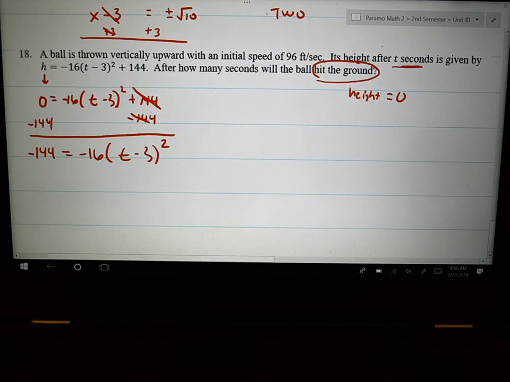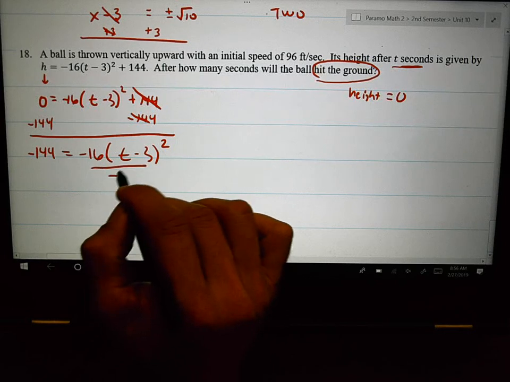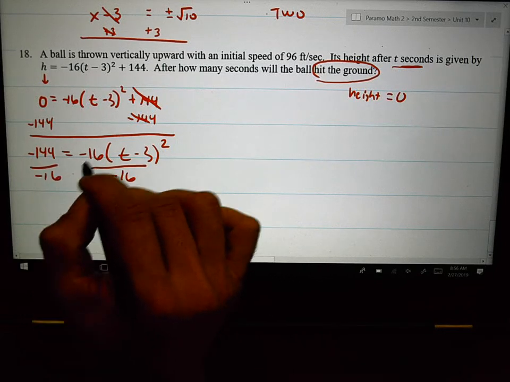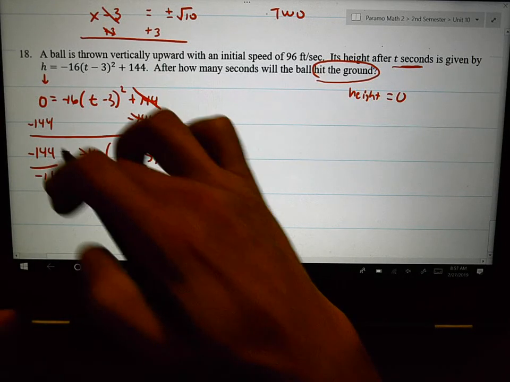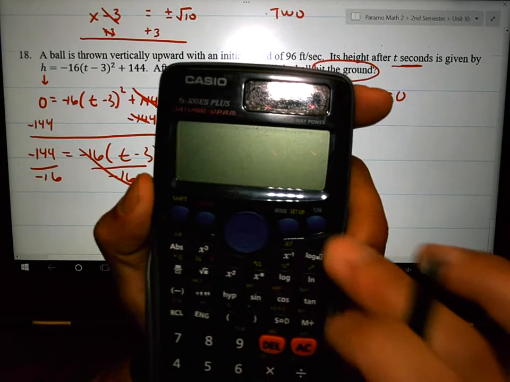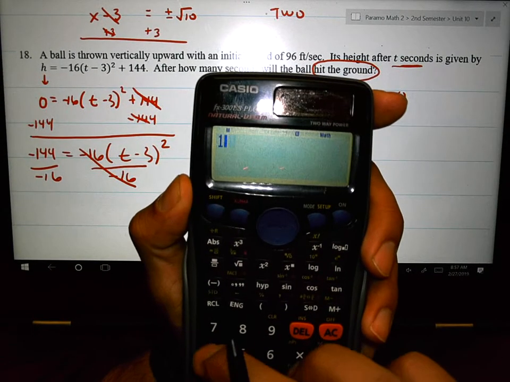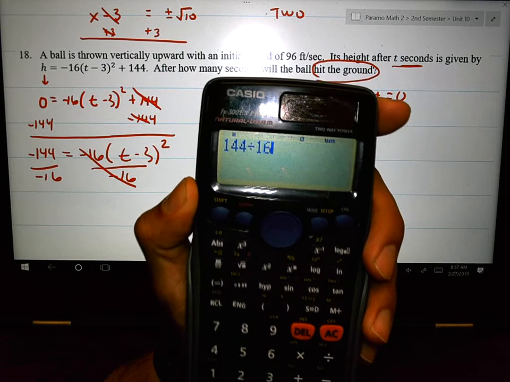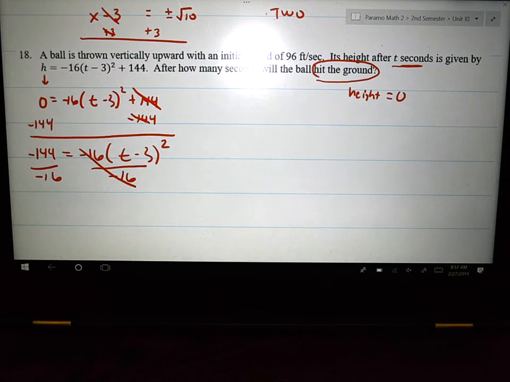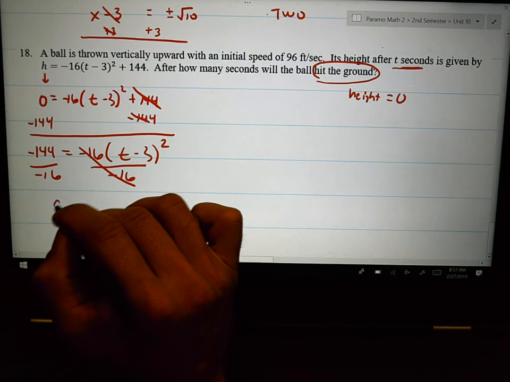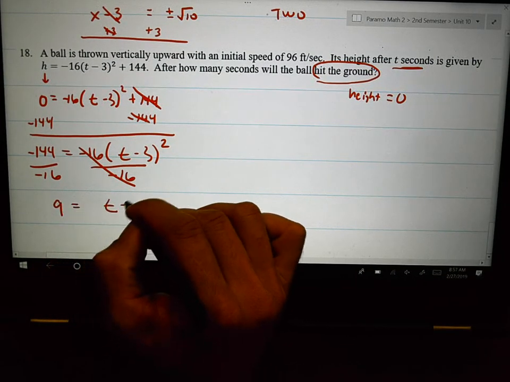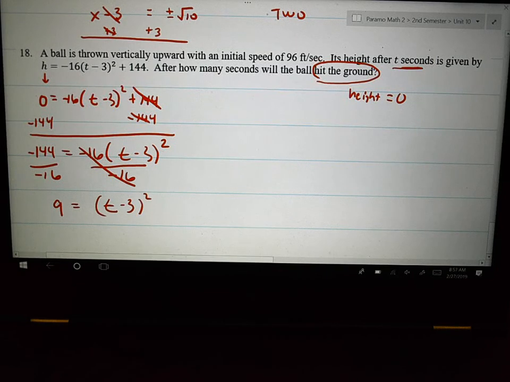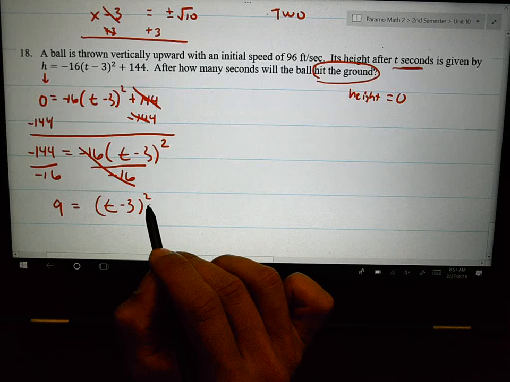Since this is multiplying, we divide by negative 16. I'm going to use my calculator for that. 144 divided by 16 is 9. I get rid of this little square by doing the opposite.